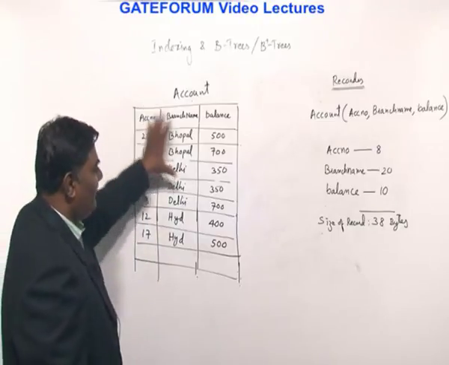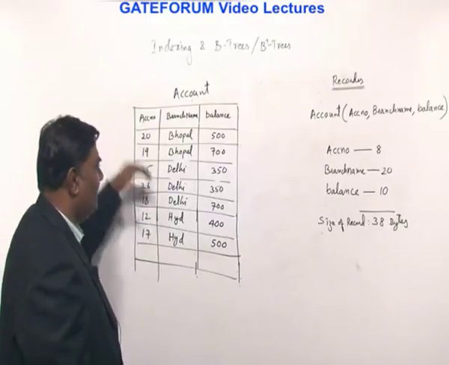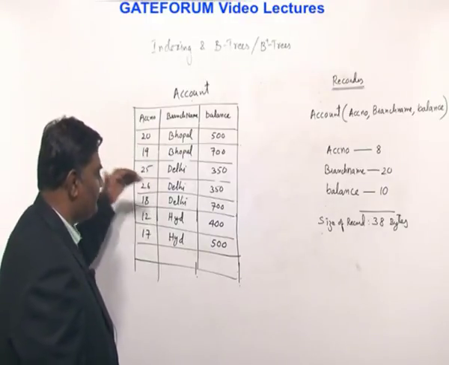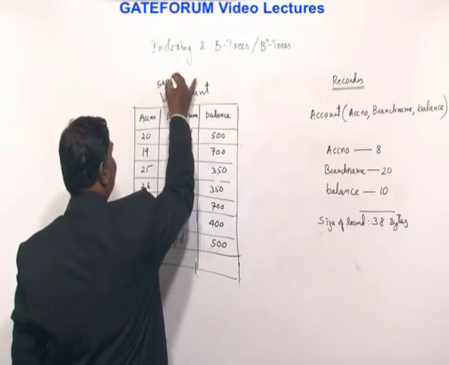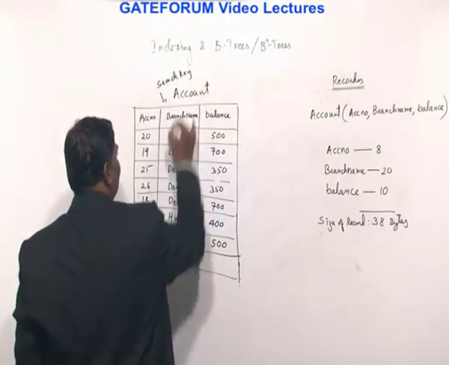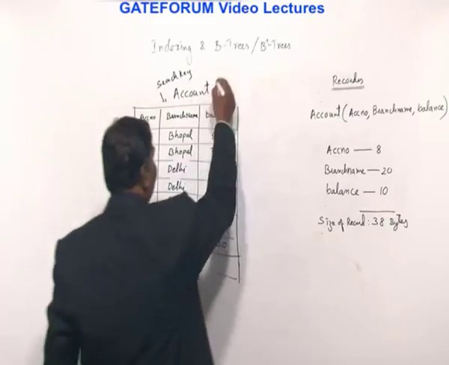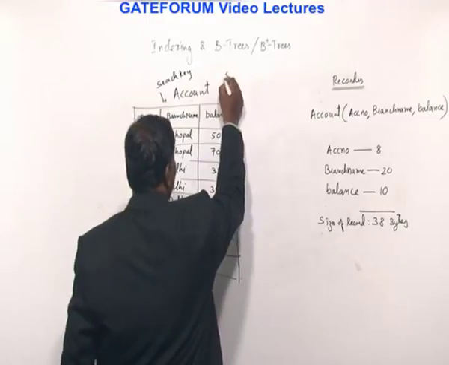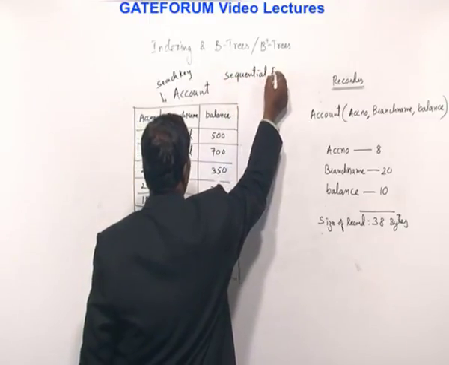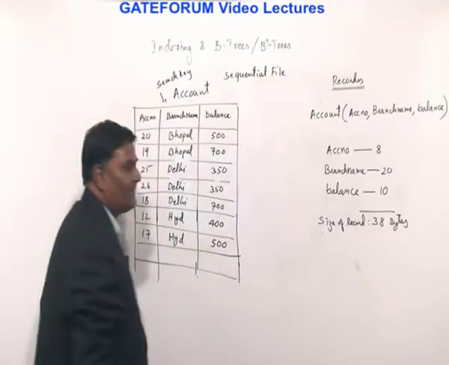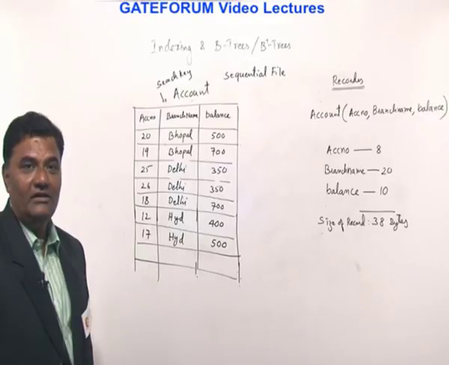Then a file that is meant for storing a table, where the records are arranged based on some search key, they are sorted based on the search key. Then we say this is a sequential file, or sequentially ordered file.